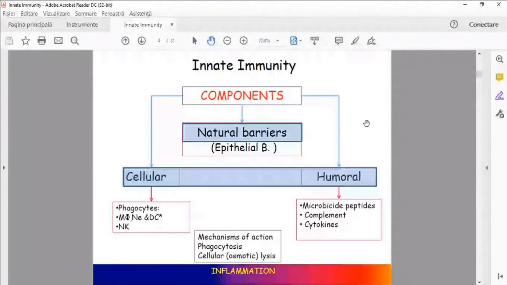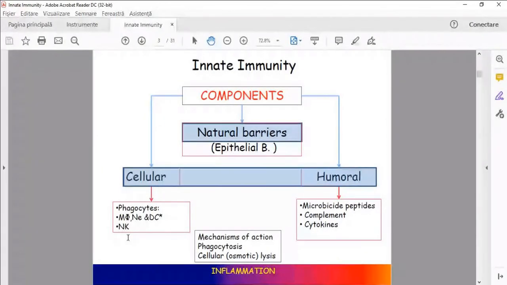Innate immunity cells are represented by phagocytic cells and NK cells, natural killer cells, which are able to recognize in a non-specific manner common molecules expressed on the microbial membrane, unlike the adaptive immune cells that recognize specific, very small microbial fragments.